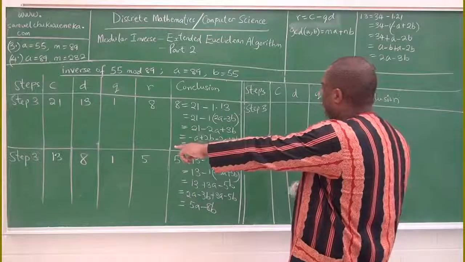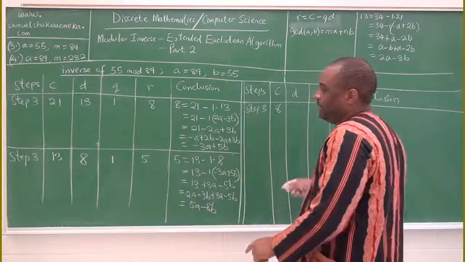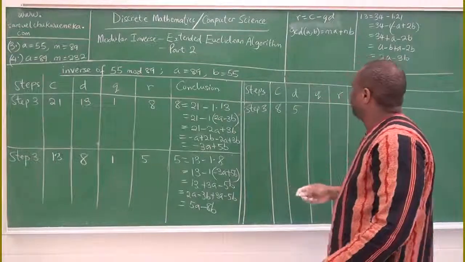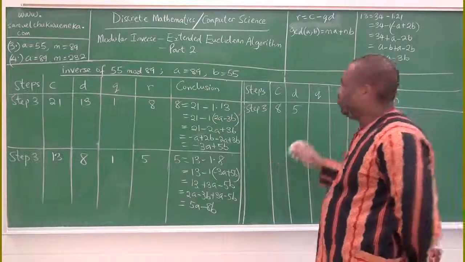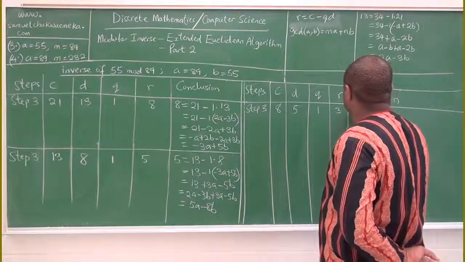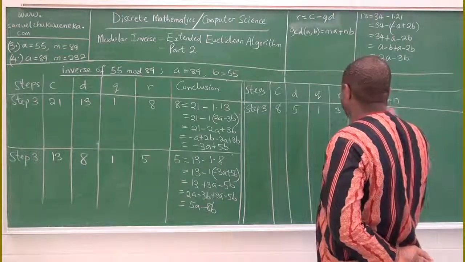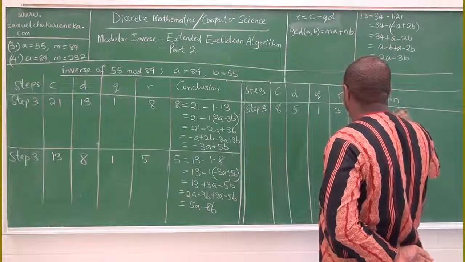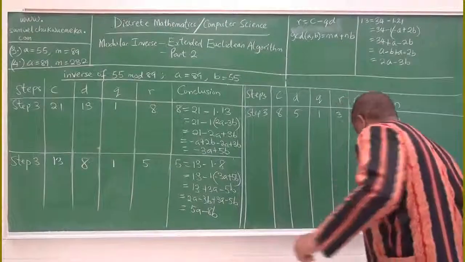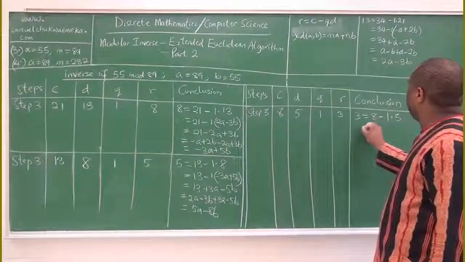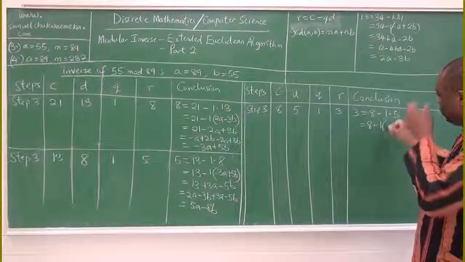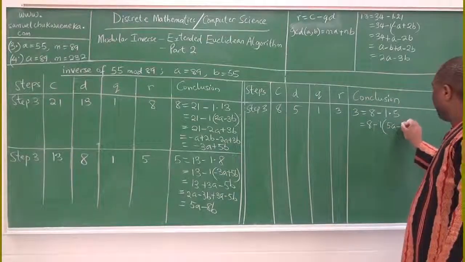Our D will now be the new C, 8, and our 5 will now be D, right? 8 divided by 5 is what? 1. Remember what? 3. So this will be 3 equal to 8 minus 1 times 5. Okay? So this is equal to 8 minus 1 times, our 5 was what? 5a minus 8b.